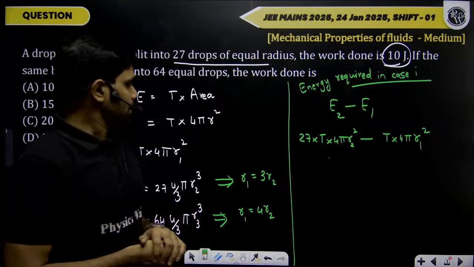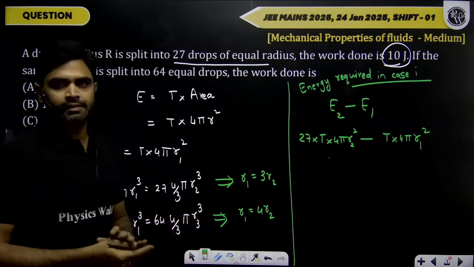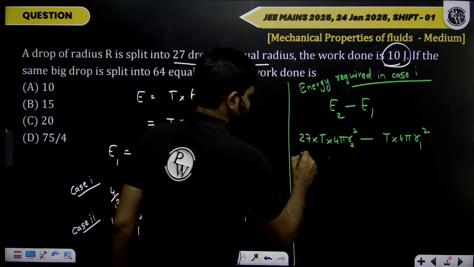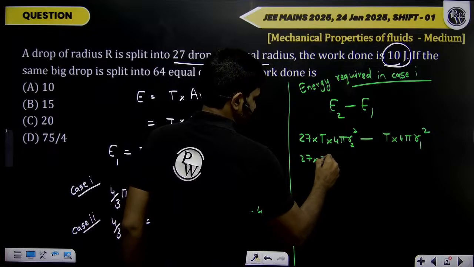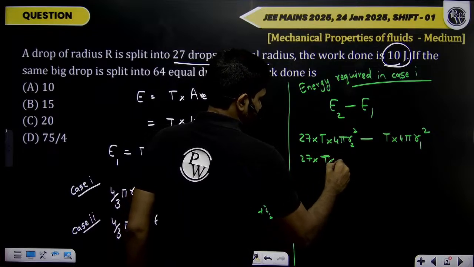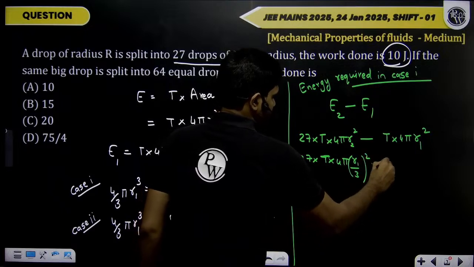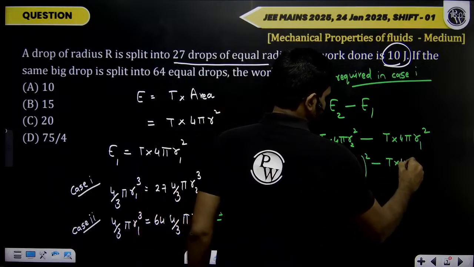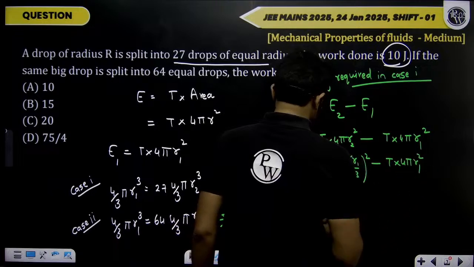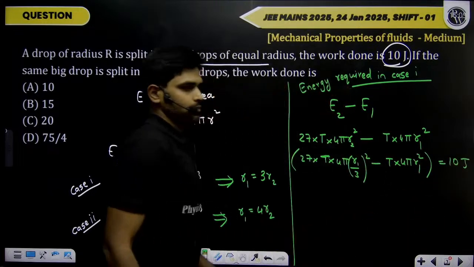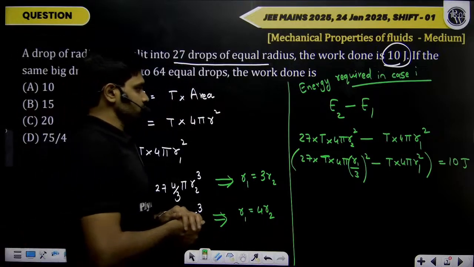But R2 is R1 by 3. So 27 into T into 4 pi (R1 by 3) whole square, minus T into 4 pi R1 square. This entire thing is given as 10 joules.